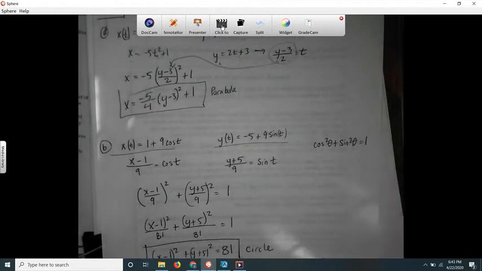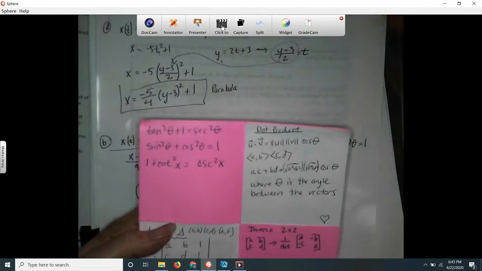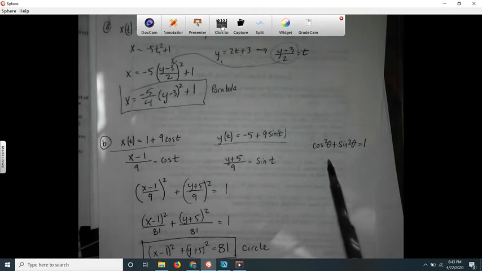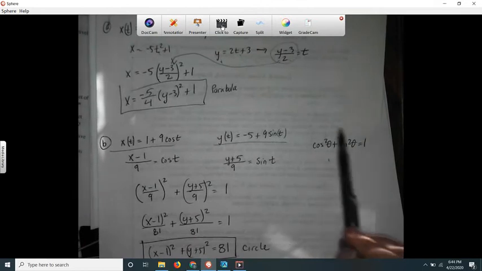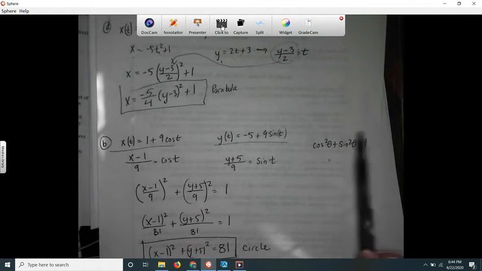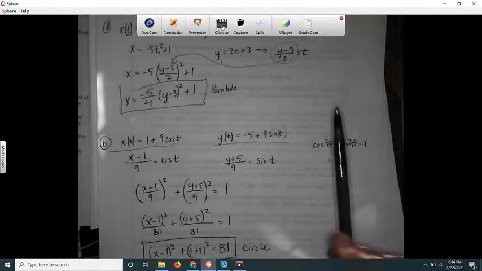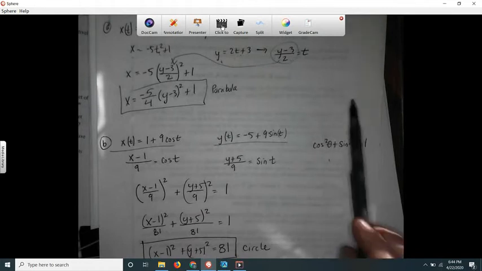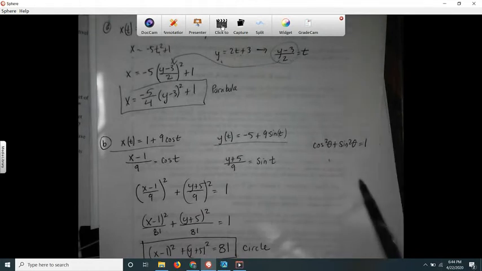I remember from my magic book that there's a Pythagorean identity, and it says sine squared theta plus cosine squared theta equals 1. Why would I want to use that? Well, if you remember some of your conic sections, like the ellipse and the hyperbola, they both have a 1 on the right-hand side of the equal sign.